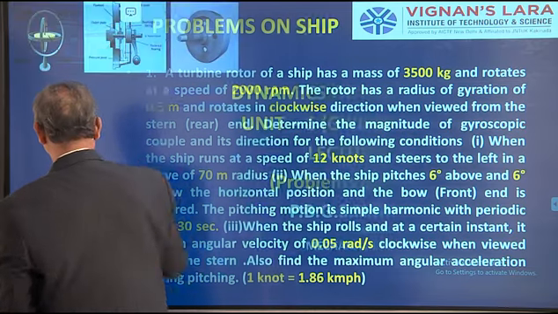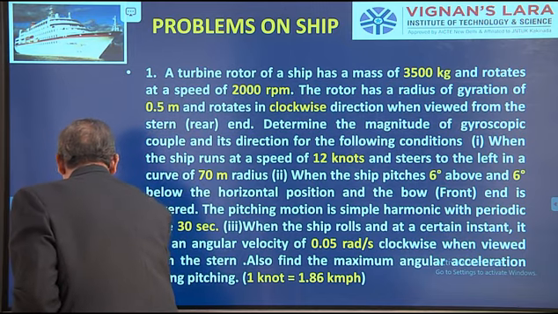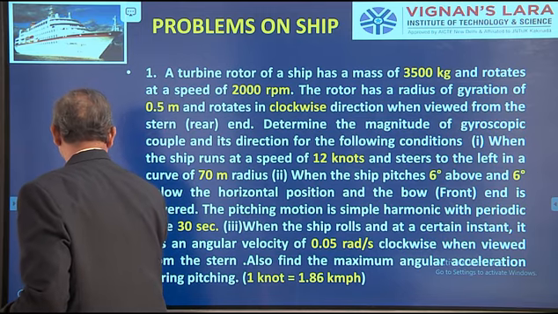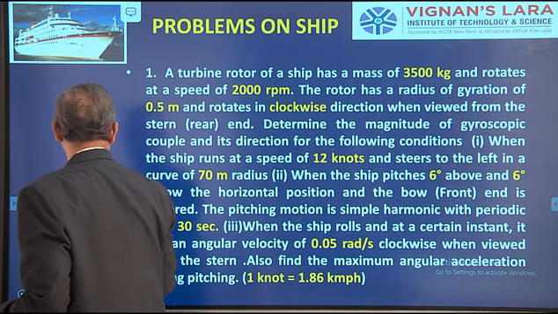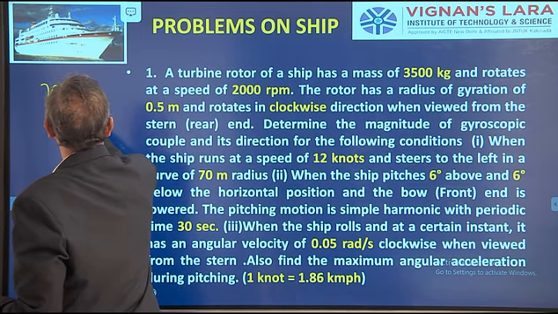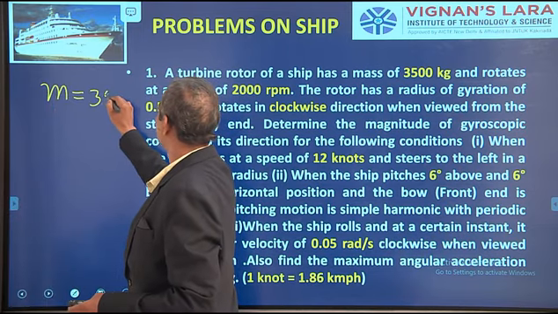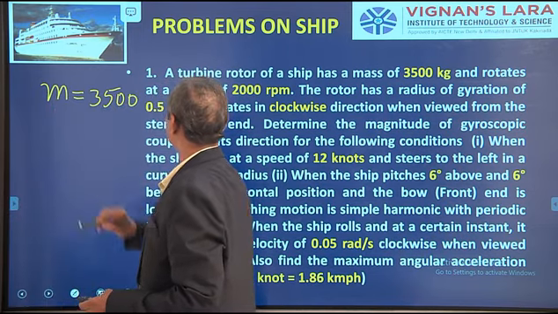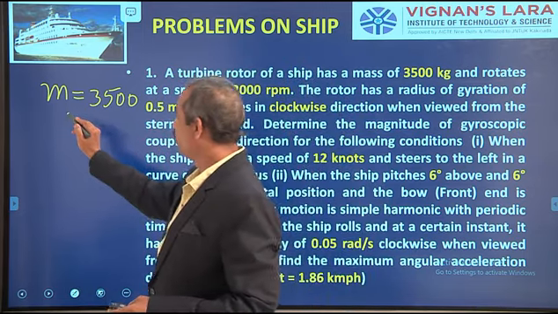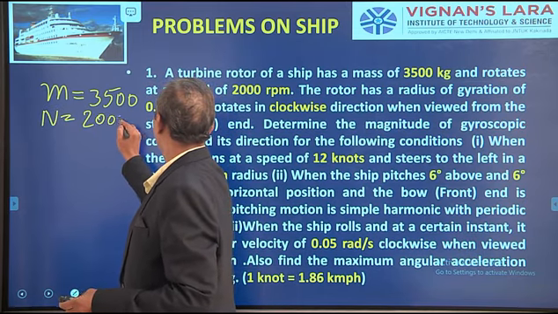Mass M is 3500 kg. Then speed of the rotor is 2000 rpm.